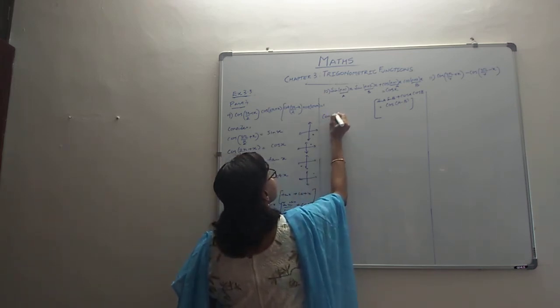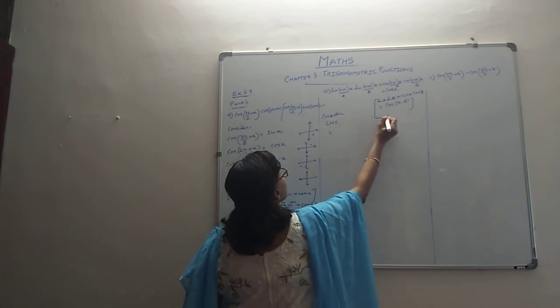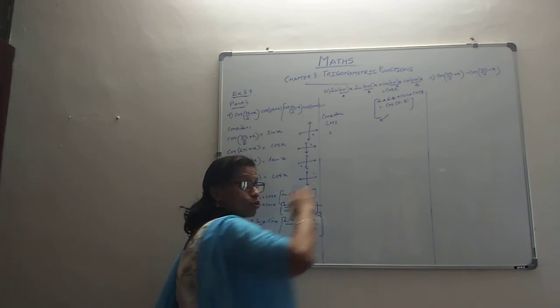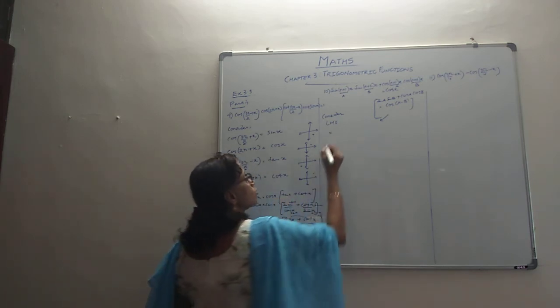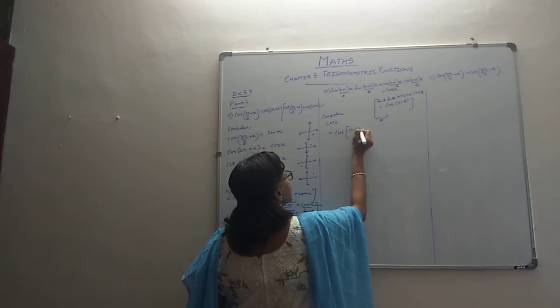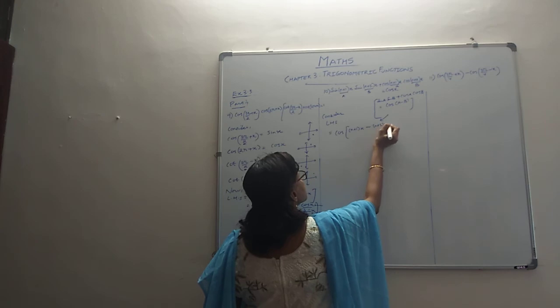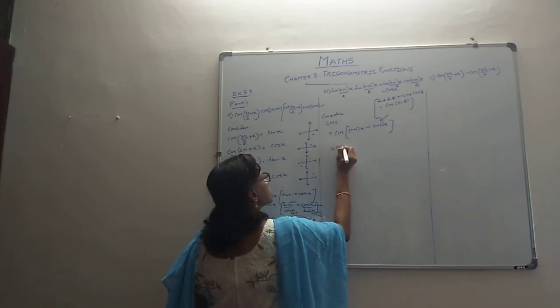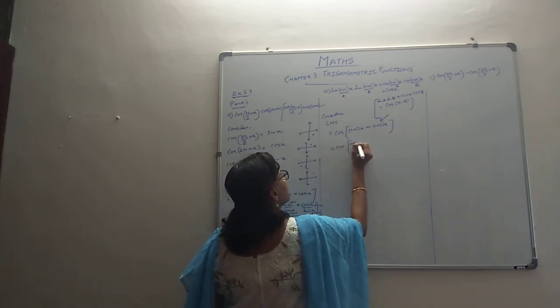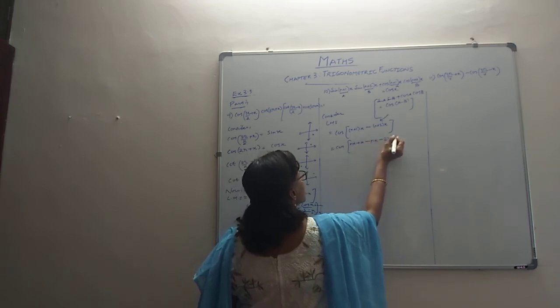So exactly this we are going to use over here. We consider the LHS, and there we are using this formula. Because of this formula, we are going to make it cos(A minus B). That means A is this and B is this expression. Let's solve this. cos((n+1)x minus (n+2)x).